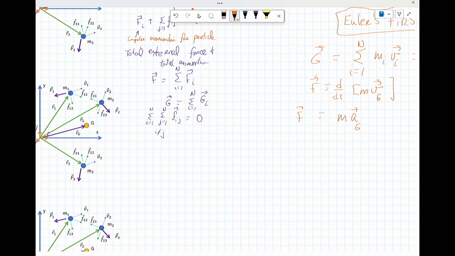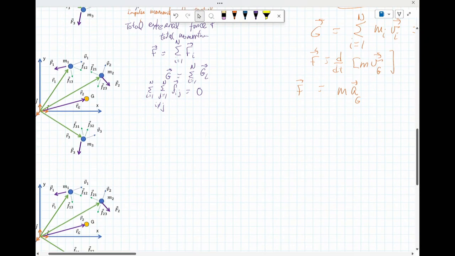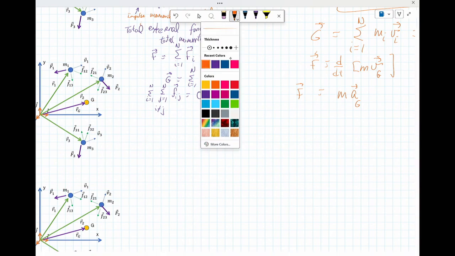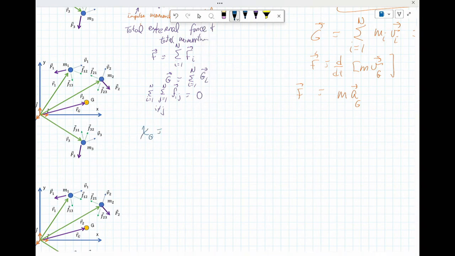In this particular case, x_g is equal to the sum of m_i x_i over the sum of all particles. So you take the weighted average of all of the particles and where they are relative to your origin.